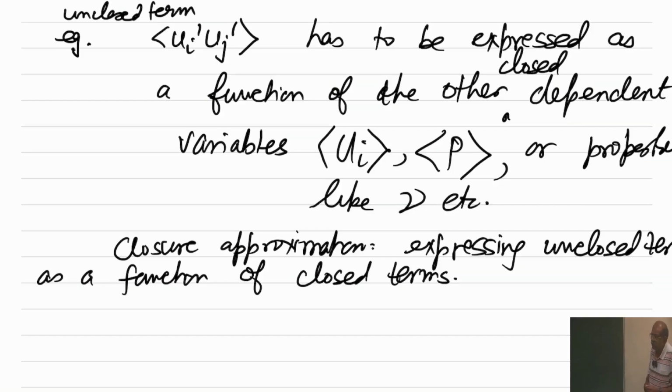At a second level, I may say, no, I think I am not getting such good equations. Let me write the equations for ui prime uj prime. So, I will write the equation for ui prime uj prime, but the third order terms and the terms like the pressure times ui correlation, I express them as closure approximations. But now when I do that, I can express ui uj uk not just as a function of mean velocity, but I can also express it as a function of the Reynolds stress, because I now have an equation for the Reynolds stress which I am solving.